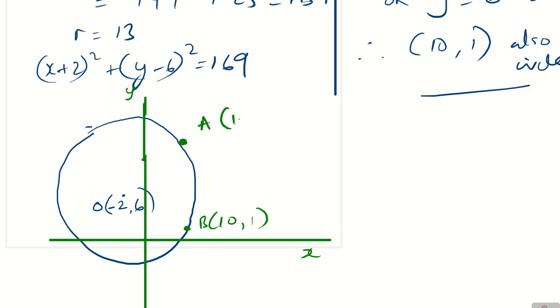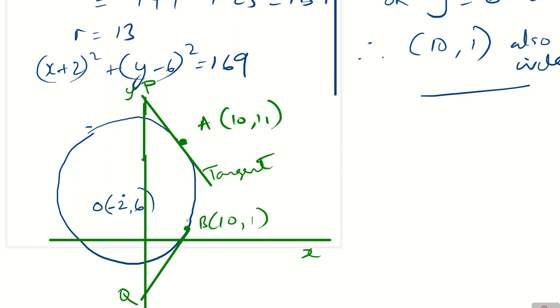I'll call it point A. It then tells us we've got a tangent that goes through the point A, and that meets up with the y-axis at P. So if I draw it, it's going to look something like that. Okay, and then this point here is the point P, and this here is the tangent. Similarly we've got another tangent here, that's going to go like that, and what we've got here is the point Q.